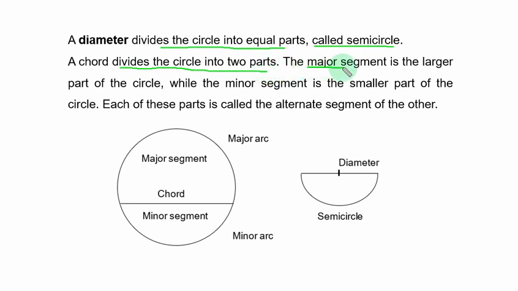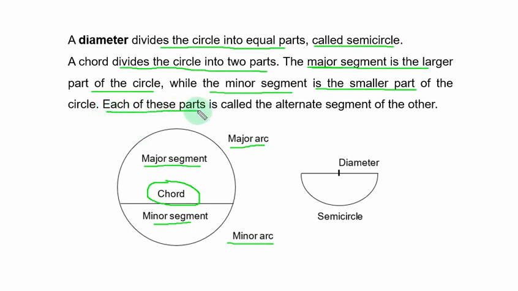The first part, or the major segment, is the larger part of the circle, while the minor segment is the smaller part of the circle. Now, outside the major segment, you have the major arc. Outside the minor segment, you have the minor arc. You can see the chord dividing the circle into two parts, the larger parts and the smaller parts.